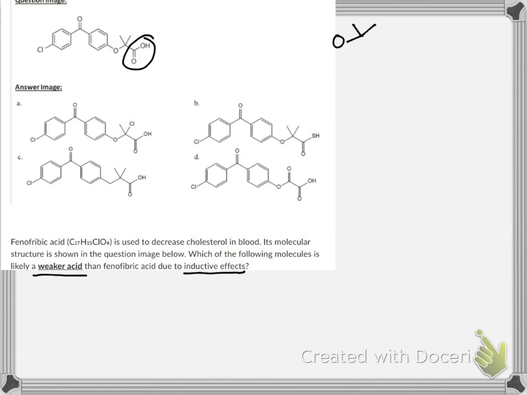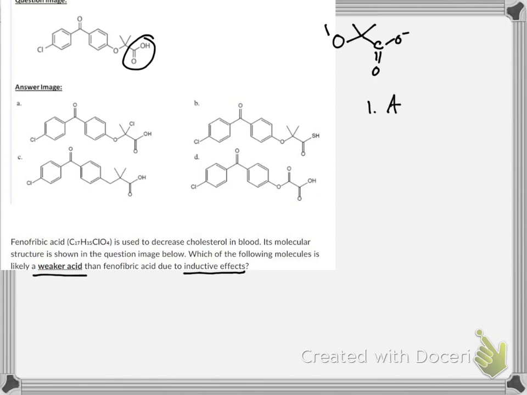Well, when we look at the acid group, what we see are a stabilizing effect and a destabilizing effect on the conjugate base. The stabilizing effect is the oxygen that is between the two carbon atoms, and the destabilizing effect are the carbon atoms that are shown up above.